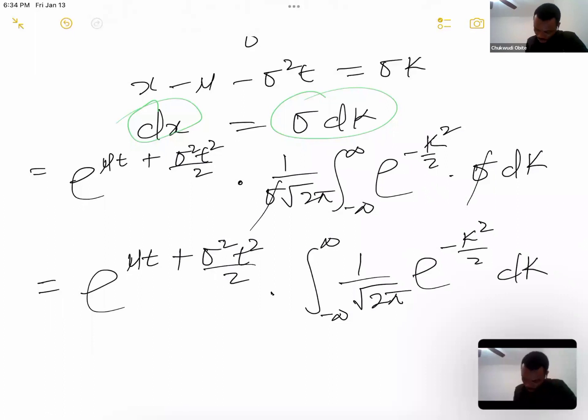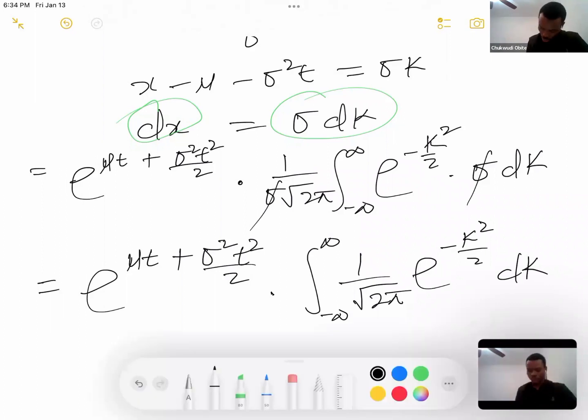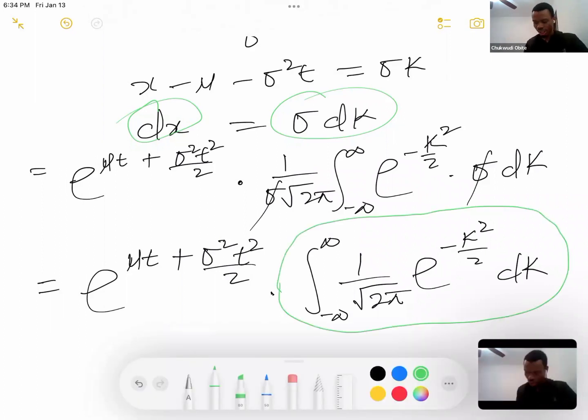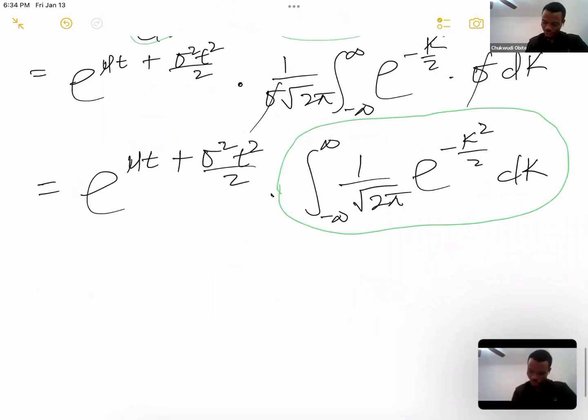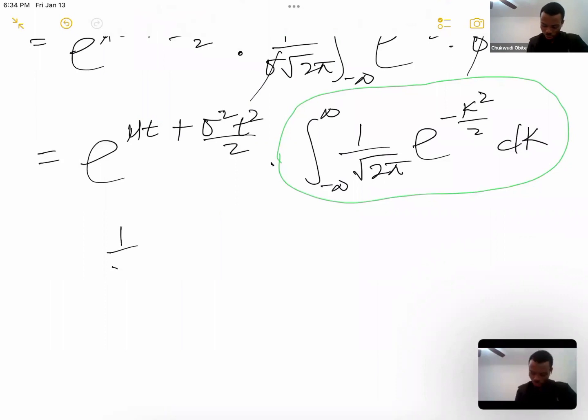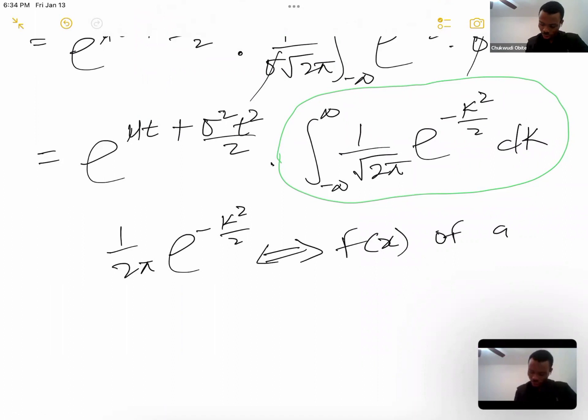If you look at this integral, you'll be able to know the distribution. That is the f of x, the PDF of a standard normal: 1 all over square root of 2 pi e raised to the power minus k squared all over 2 is the f of x of a standard normal.